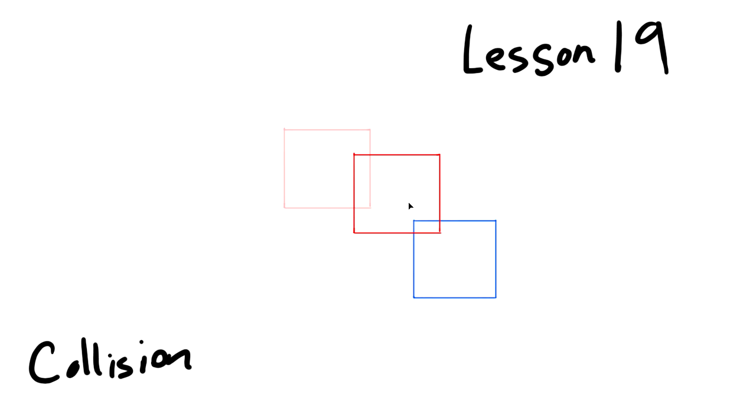You might come in like this, which would technically mean you banged into the side, but because your shallowest penetration is in the horizontal, you'll end up like this. So shallowest penetration will give you bad results sometimes.